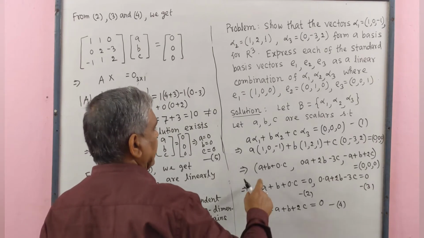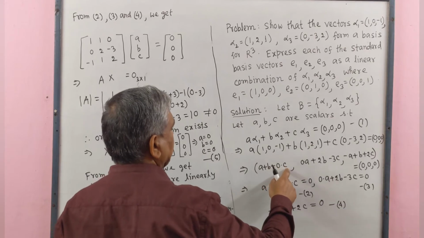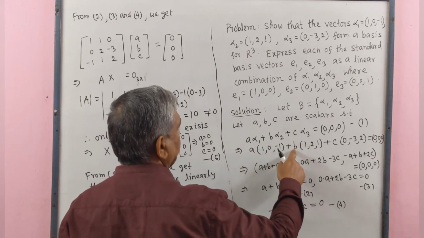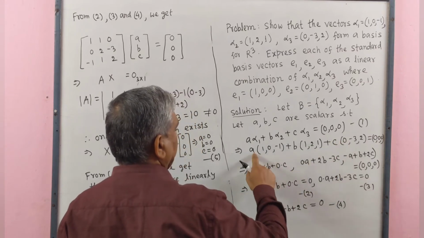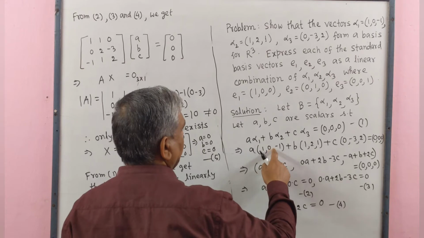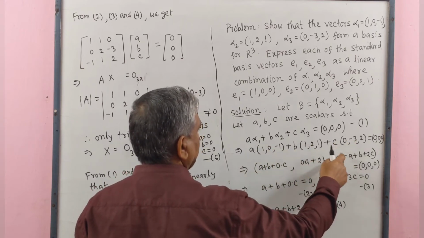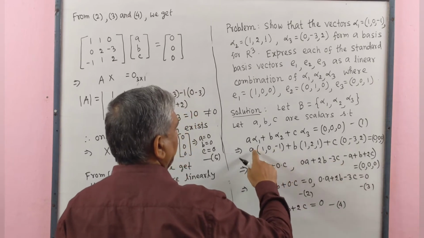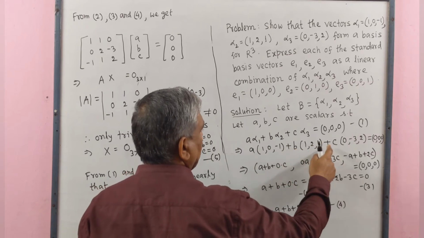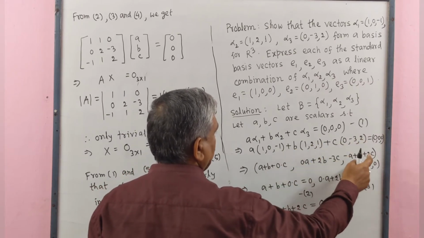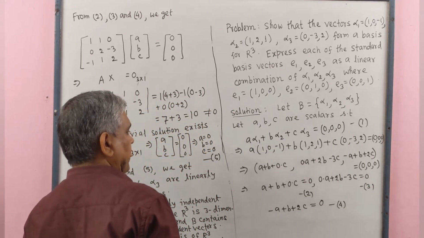Now calculating, we get (a times 1 plus b times 1 plus c times 0, a times 0 plus 2 times b minus 3 times c, minus a plus 1 times b plus 2c), and the right side is the ordered triplet (0, 0, 0).